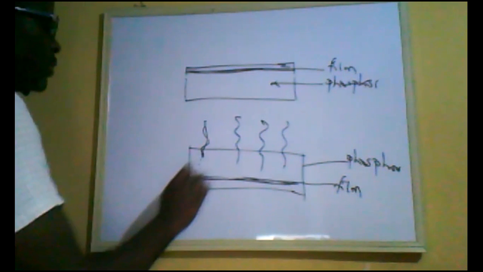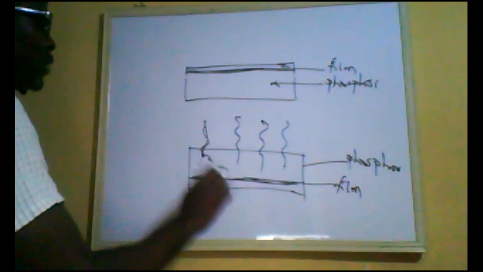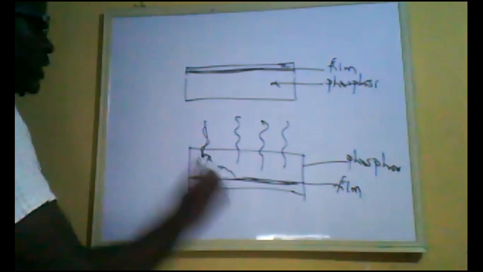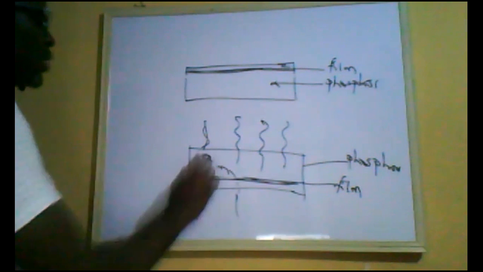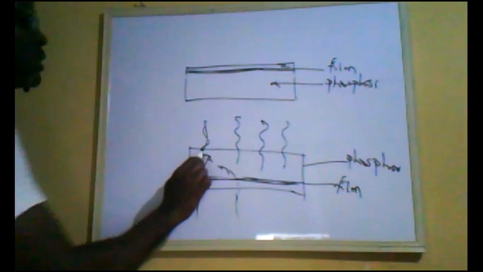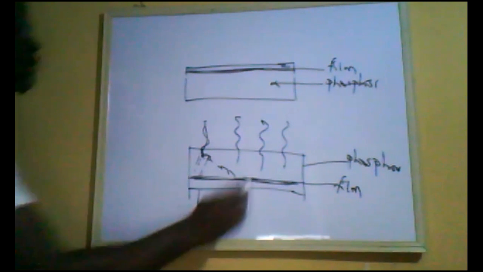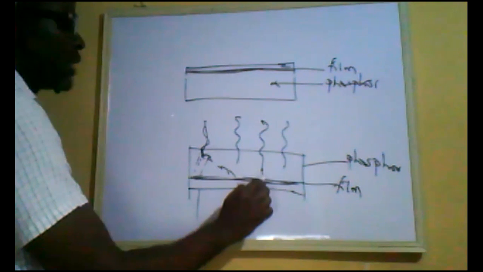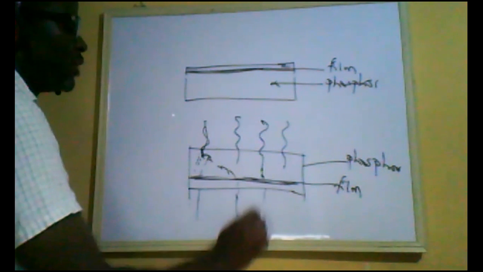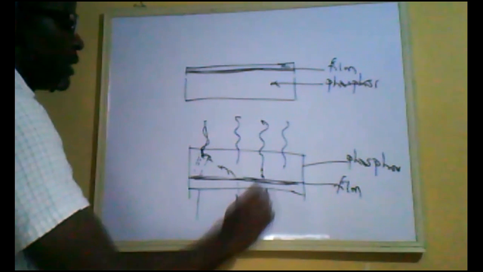If you hit it at this depth, the light will now be dispersed in so many directions. For the ones that go very deep before interacting with the phosphor, we have a very good profile and spatial resolution.